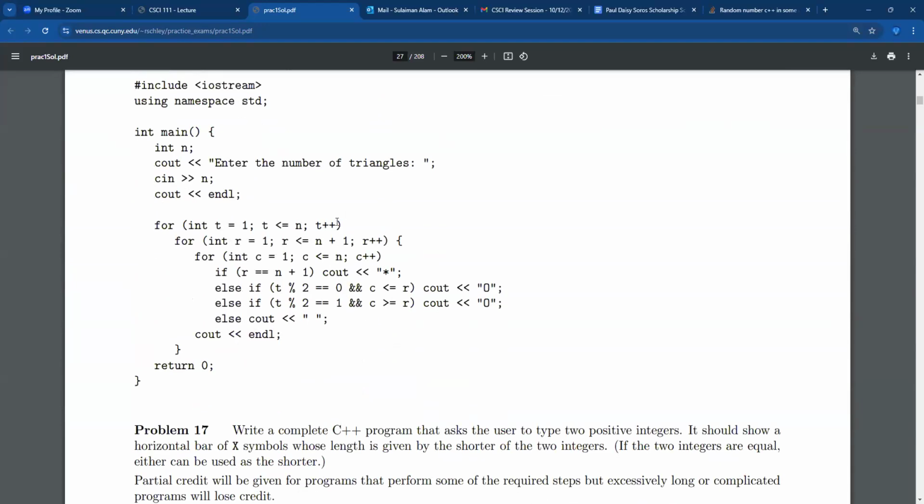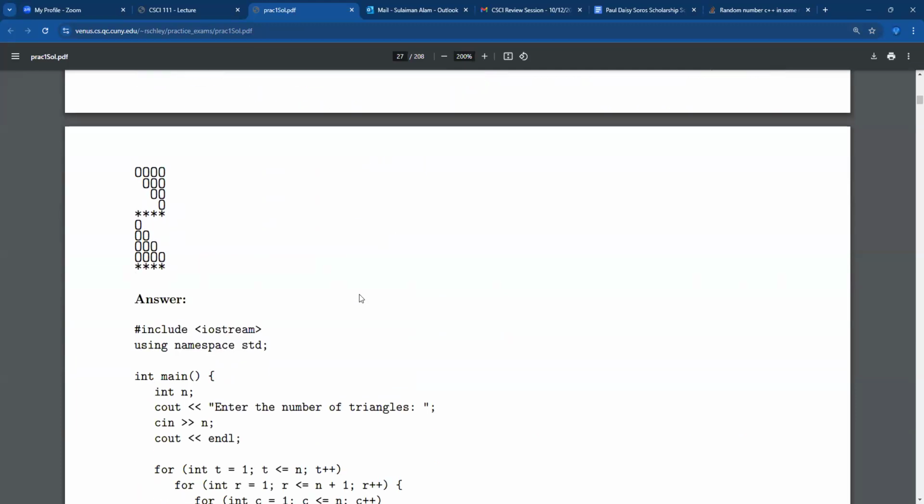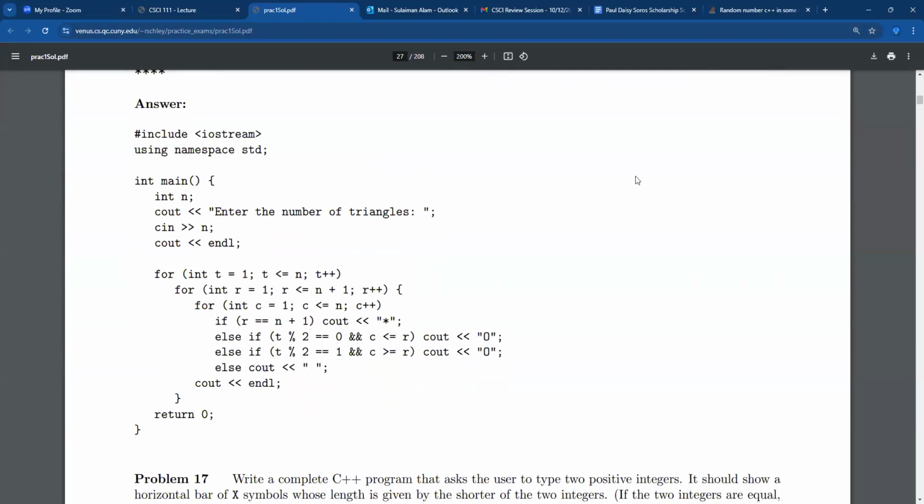That's why we have the outermost for loop. And the inner 2 for loops right here are printing out these individual shapes. So that's why we have 3 for loops. Sound good? Does that answer the question?